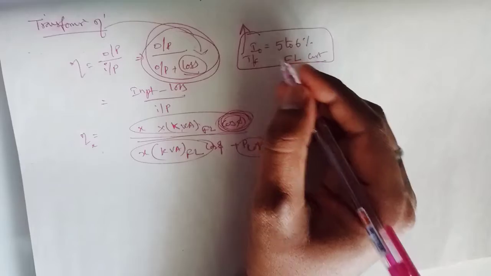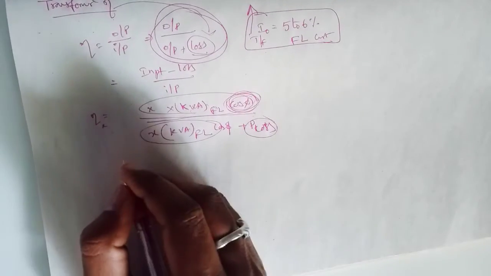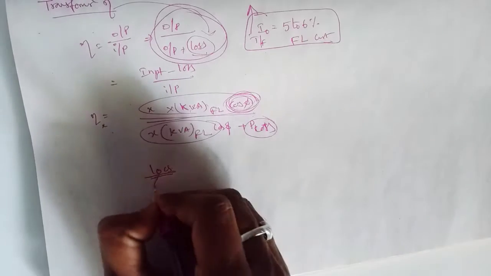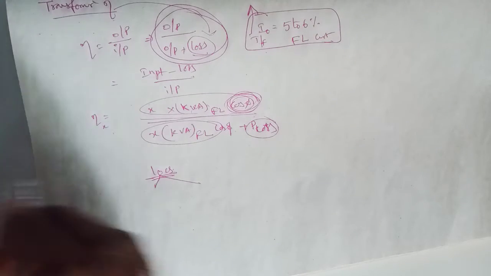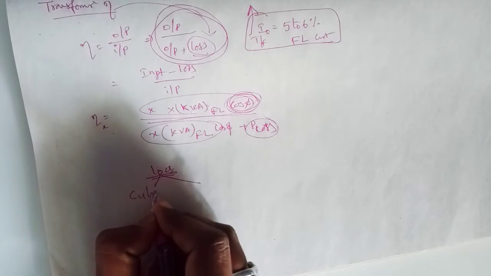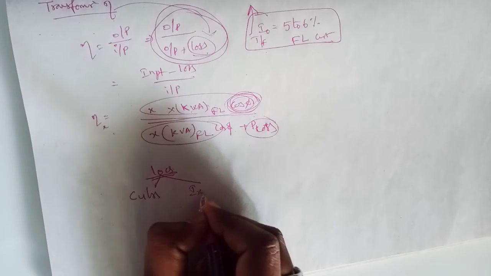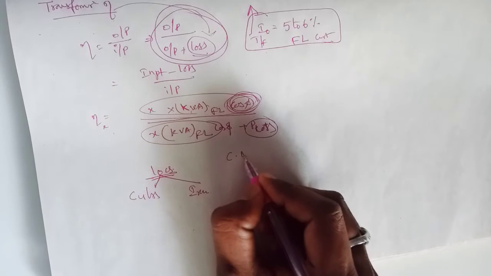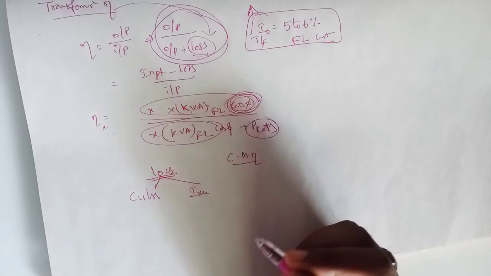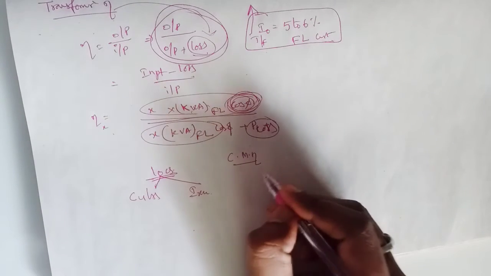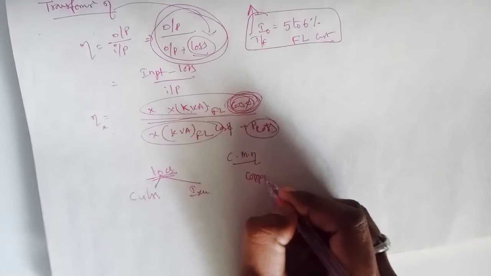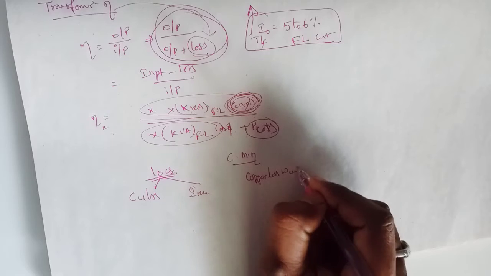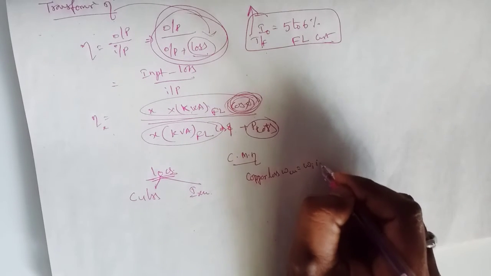Okay. So here losses are of two types. One is copper loss and another one is iron loss. When you come to the condition for maximum efficiency, copper losses are equal to iron losses.